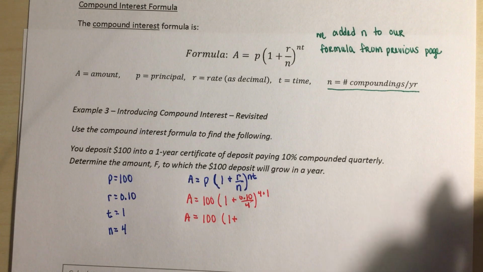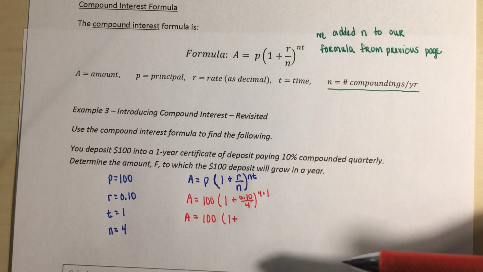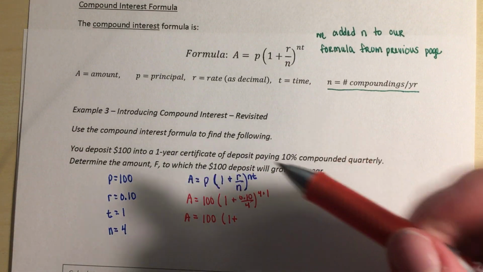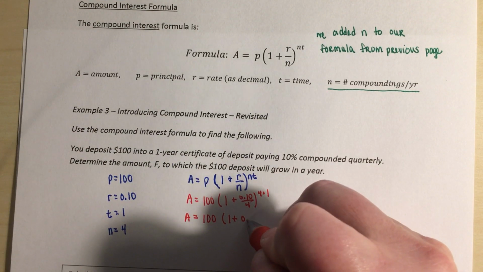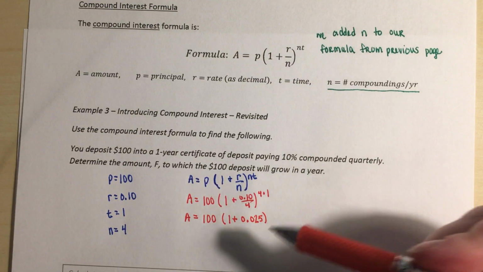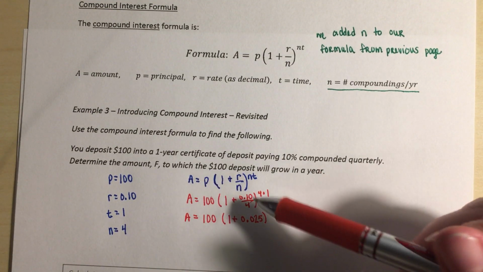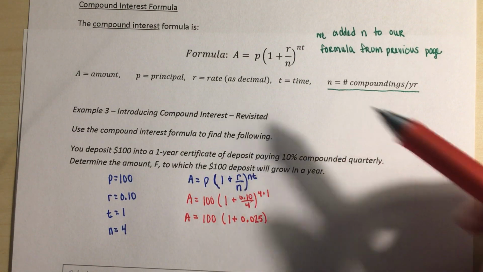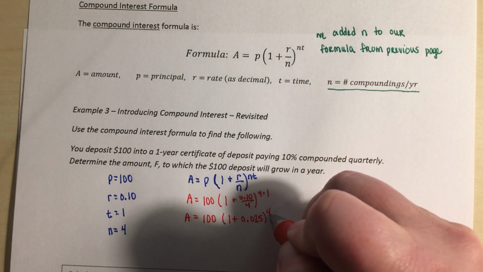The first thing I'm going to do in my calculator is type my division and my multiplication. So 0.10 divided by 4 is going to give me 0.025. I've just done that division from this step to this step. And then I'm going to do this multiplication. That doesn't really require a calculator. 4 times 1 is 4.